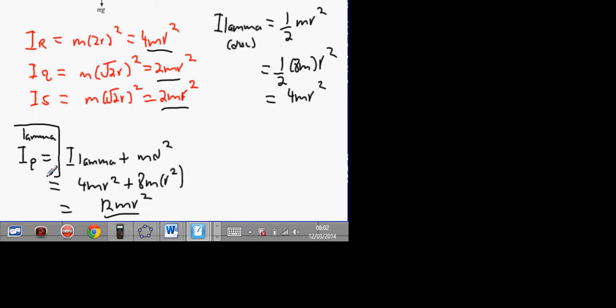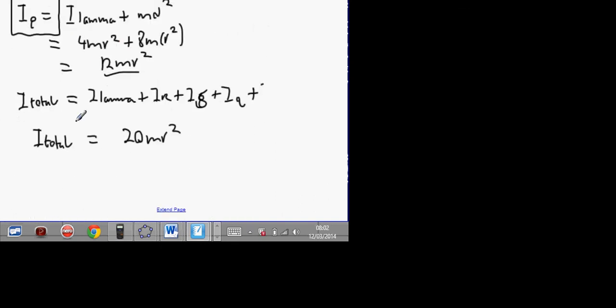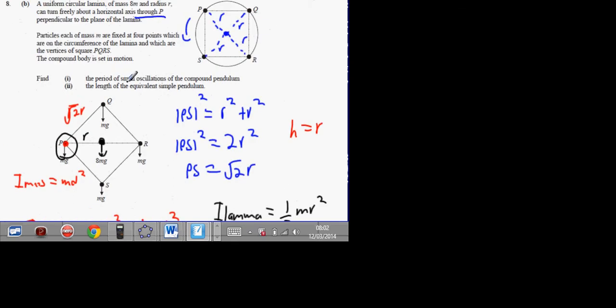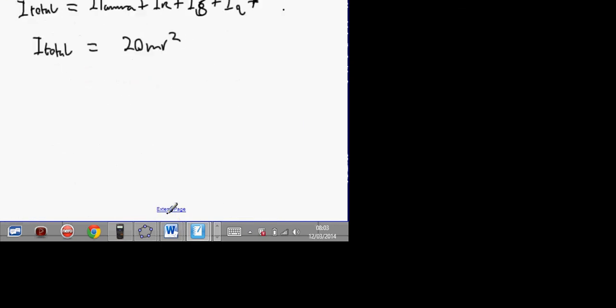Now, we're asked for a simple pendulum. If you read back the start of the question, the period of small oscillation of a compound pendulum. Now, the compound pendulum has a formula. T equals 2 pi root I over Mgh. Now let me explain what everything means here. Capital M is the mass of the full system, which is 12 m. g is g.